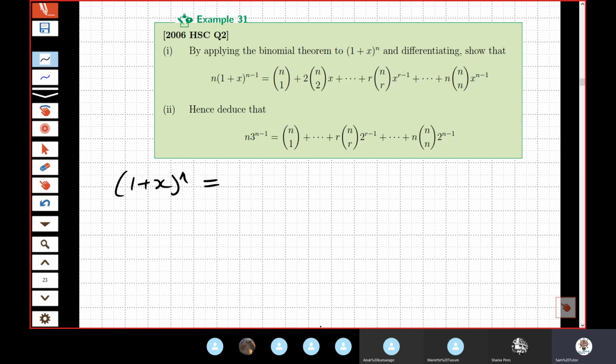Okay, you got the expansion right. Now start with that line and differentiate. Differentiate that, differentiate this. Okay. Now, from original.